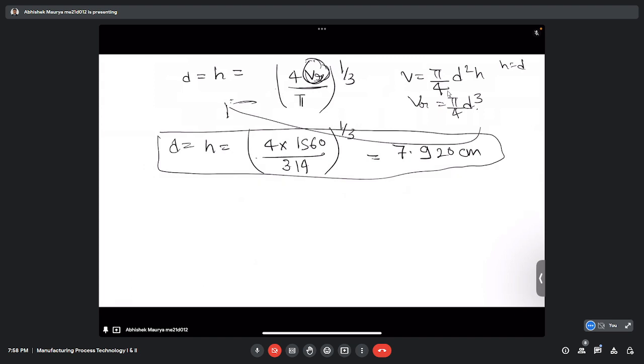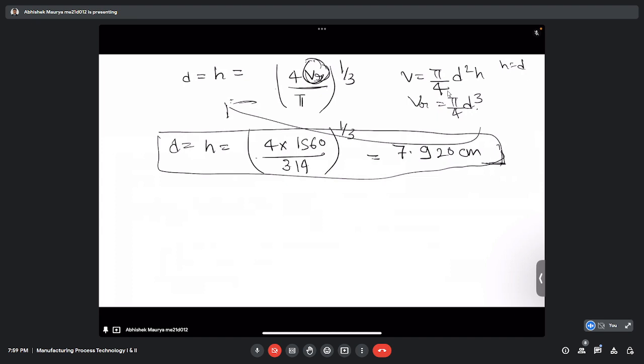but it is not sufficient. Why? Till now we haven't calculated whether our casting will solidify first or our riser will solidify first.